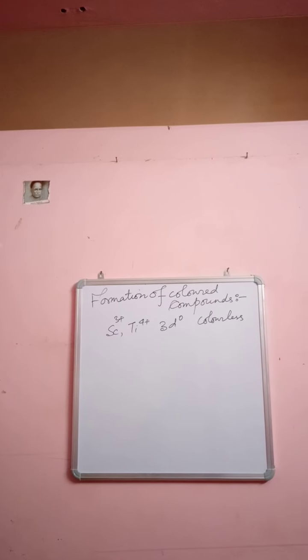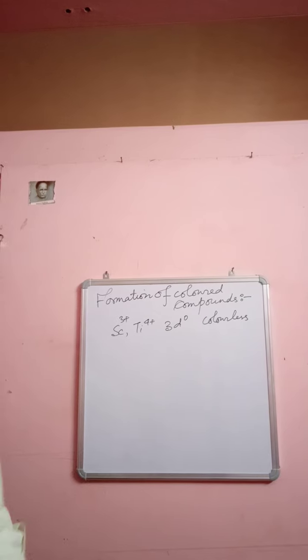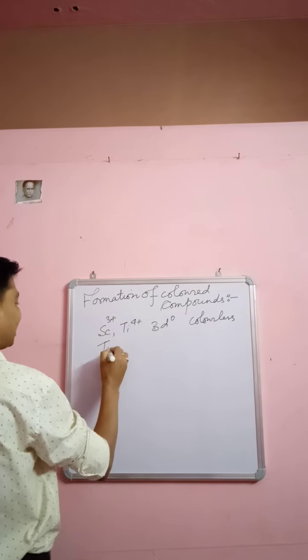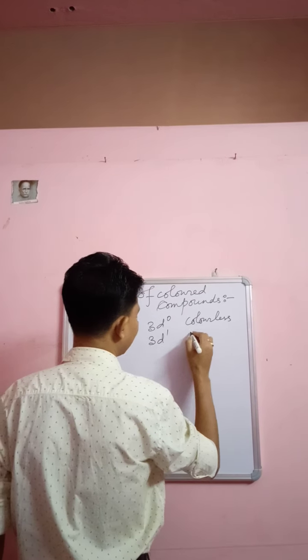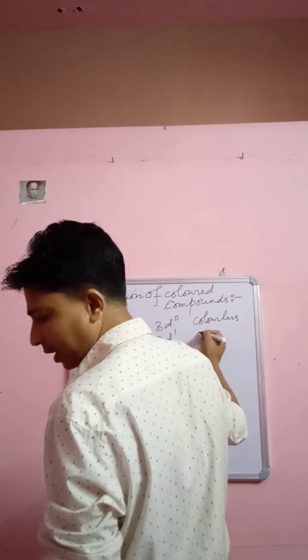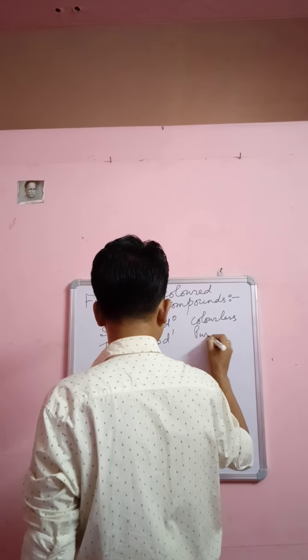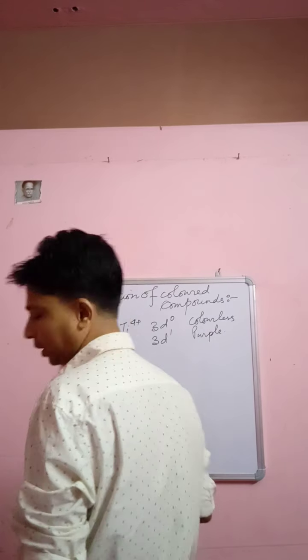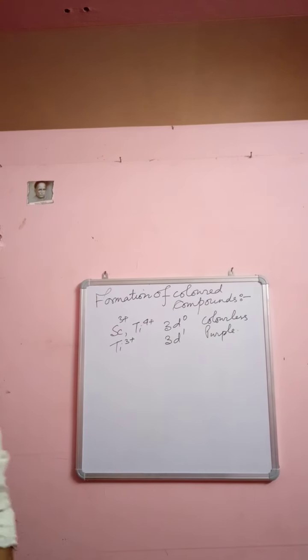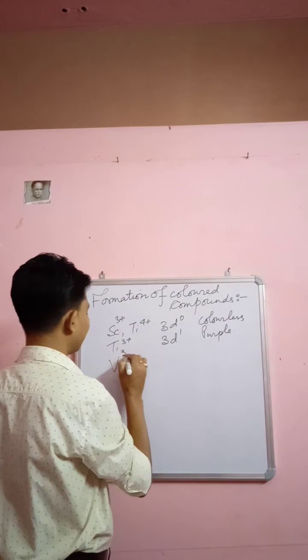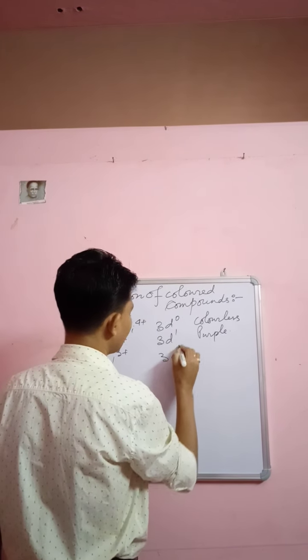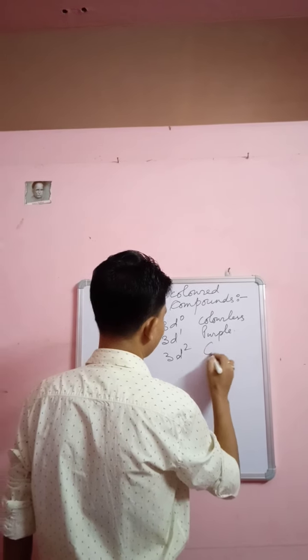Whereas titanium 3 plus, with 3d1 configuration, is purple. Vanadium 3 plus, with 3d2 configuration, is green.